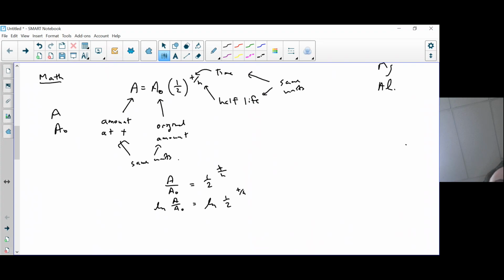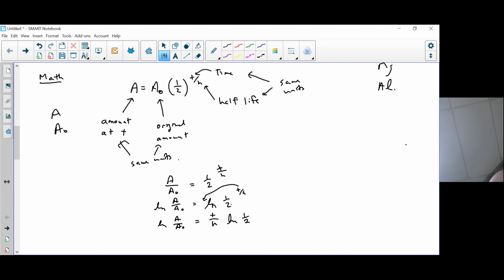Now, why we're doing this is that there's a law of logarithms that says when I'm taking the log of something that has an exponent, I can take this exponent and put it out front, and they're equal. So I get ln of A over A0 is equal to t over h times ln of 1/2.